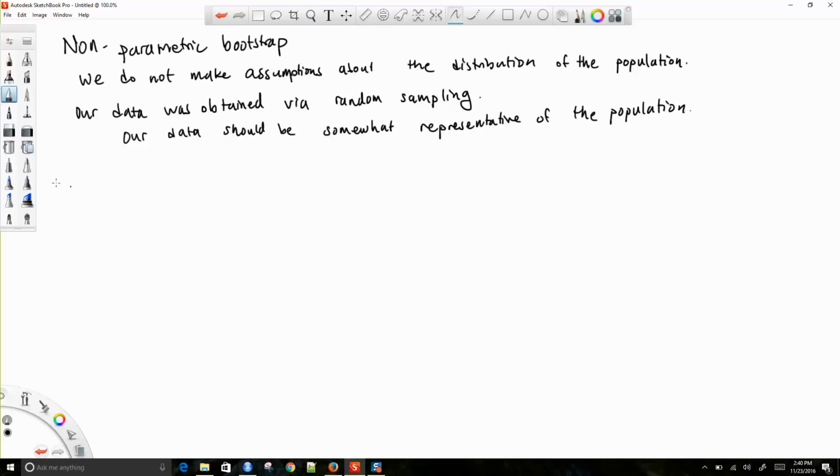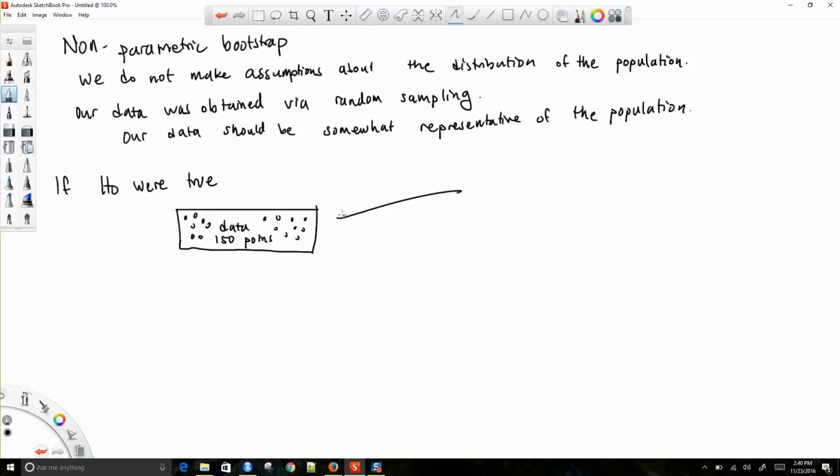In this case, if the null hypothesis were true, just imagine here's a box, this is my data, 150 points. I've got 150 observations in here. We're saying if the null hypothesis were true, all of this came from one population.